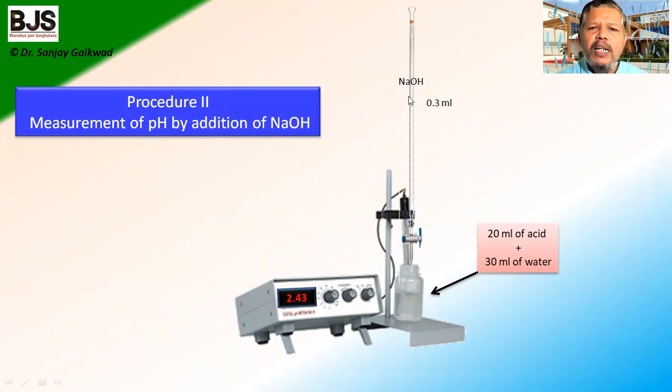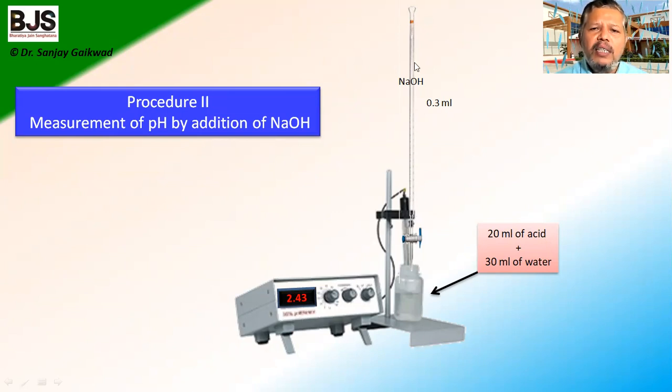As we go on increasing the addition at 0.3 ml volume intervals, we have to stir it and then measure the pH of the solution. This pH we write into the observation table. Initially at zero addition, we observed a pH of 2.43.